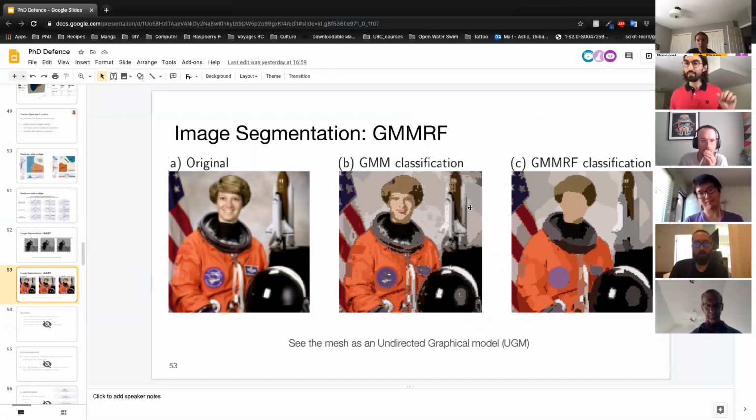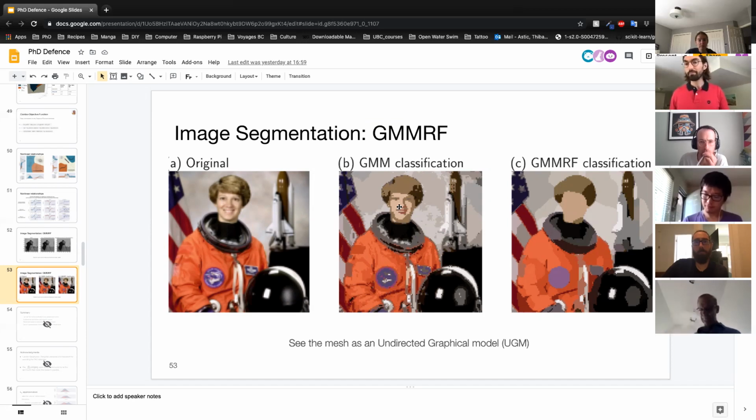But within the proportion, you can also use what's called a Gaussian mixture Markov random field, where you include a spatial continuity constraint within the definition of the Gaussian mixtures, and that's what you get in the classification, because it's a lot less pixelated. So there is definitely maybe some application to do on the geological side to force spatial continuities.